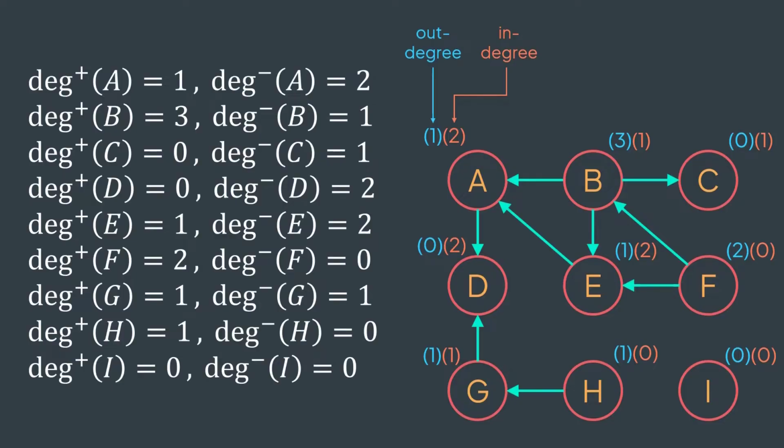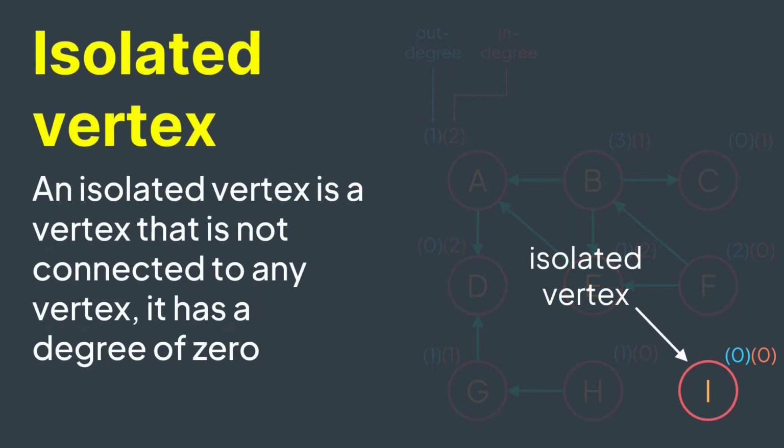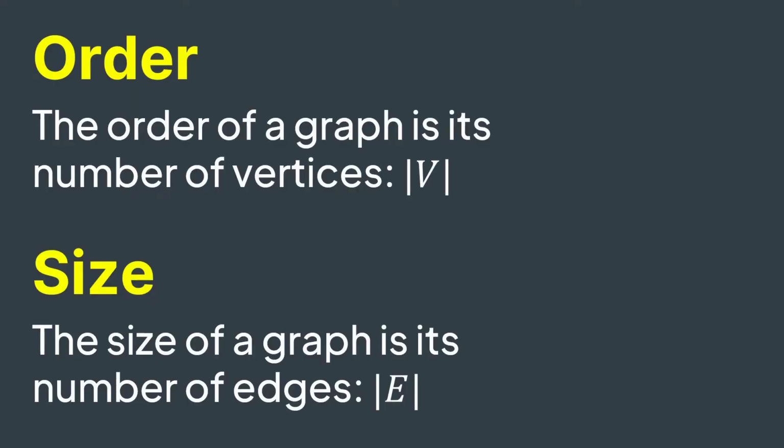Speaking of degree, we can have vertices with a degree of 0. They're not connected with any other vertex. Such vertices are named isolated vertices. An isolated vertex is the vertex with degree 0, like the vertex I in this example. Next terms are order and size, easy ones.